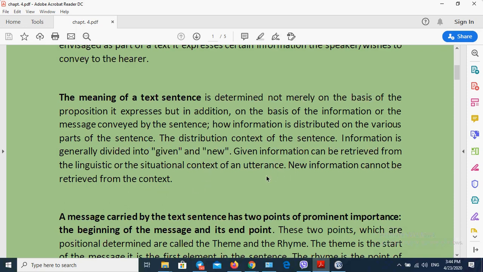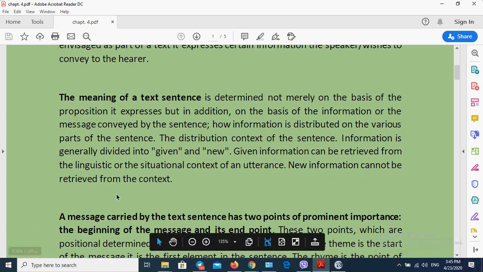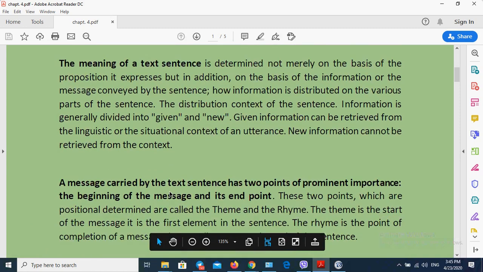So if I ask you the difference, define or differentiate between given information and new information, you say given information can be restored or retrieved from the linguistic or situational context of an utterance, but new information cannot be retrieved or restored from the context.